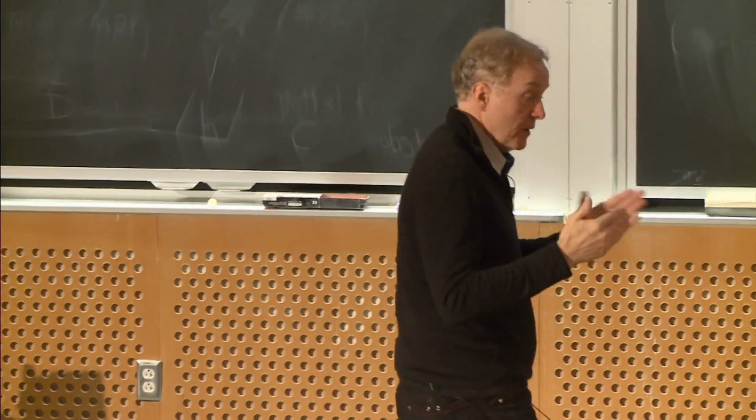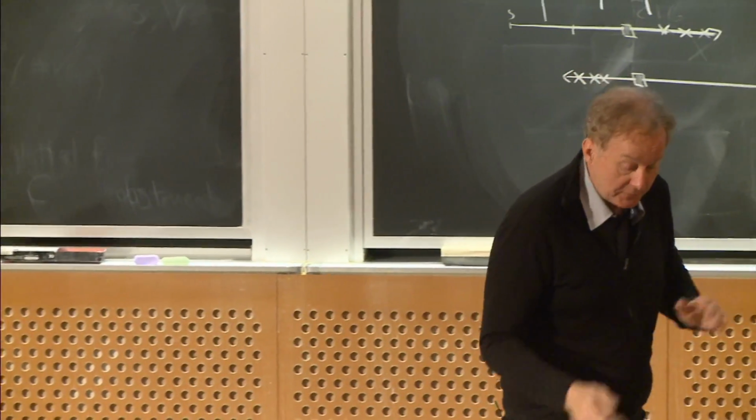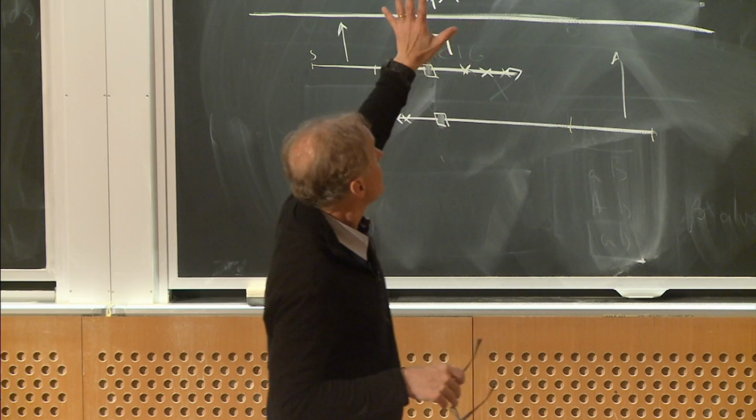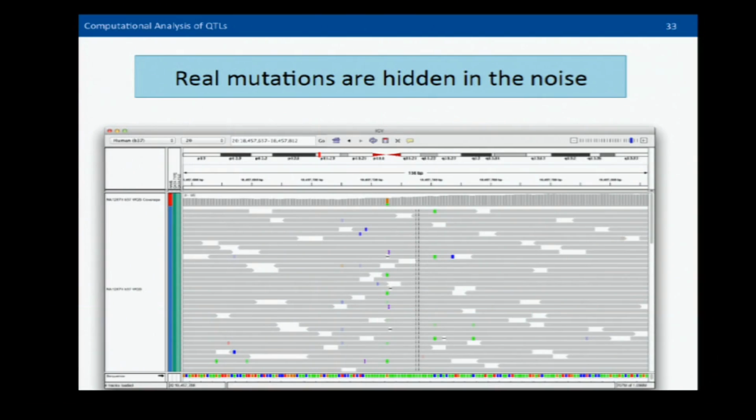Okay? So we have these raw read counts of the different allelic forms. And returning to this, we now can go back and we can attempt to take these reads and determine what the underlying genotypes are for an individual.